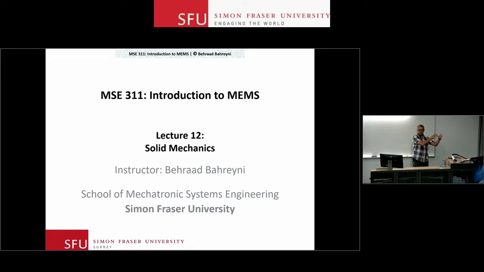So there is a sequence of issues that we're dealing with. How to fabricate them, how to design them, by them I mean microsystems. So how to fabricate microsystems, how to design and analyze microsystems, and then finally how to interface and process signals from them. So the first thing we are going to talk about is the material properties when we look at them as mechanical systems.